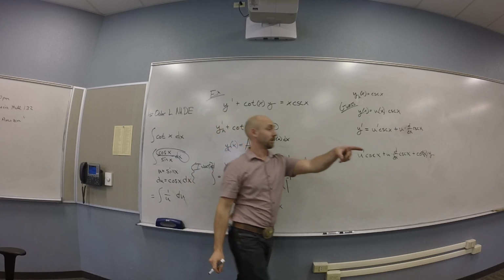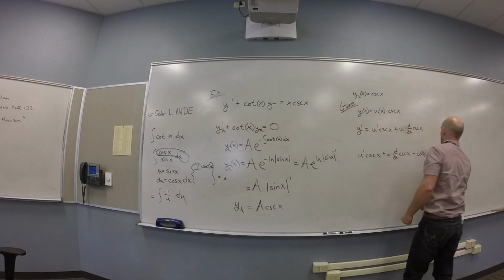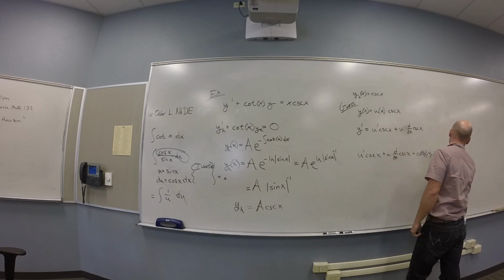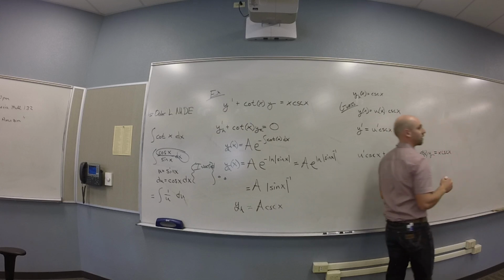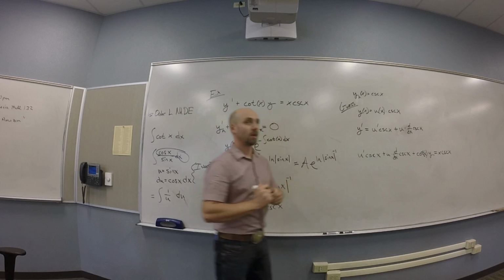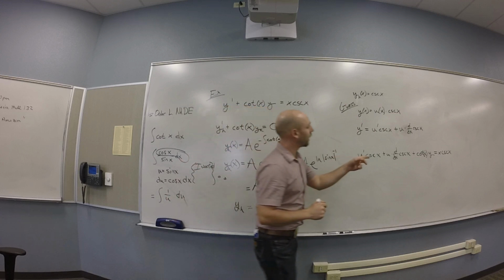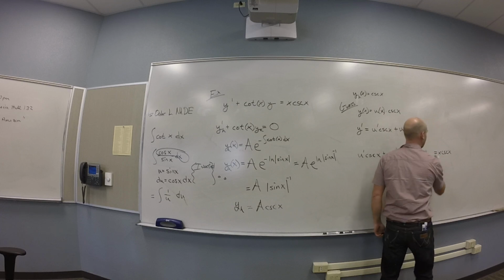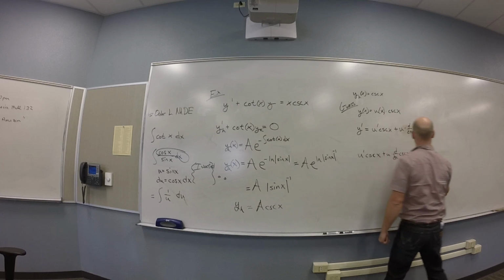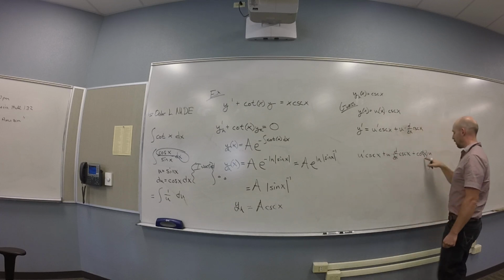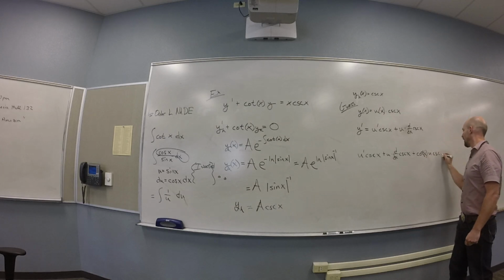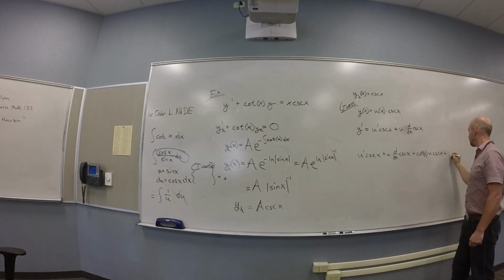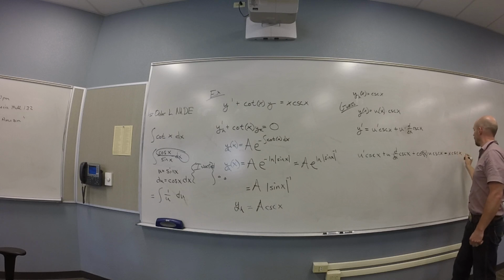Equals your non-homogeneous part, so x cosecant x. We have to plug in the y. What was y? y was u cosecant x. And then I had equals x cosecant x.